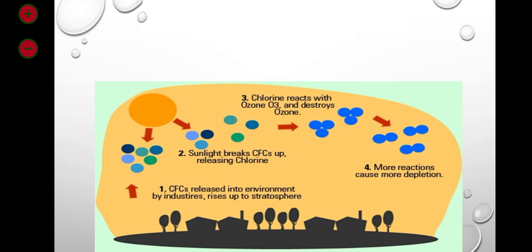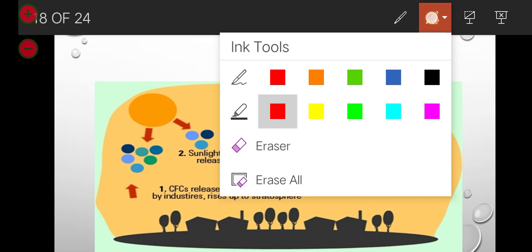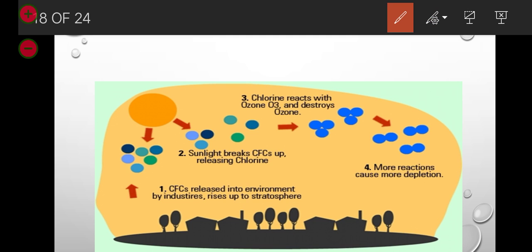See here again in the picture how the ozone molecules are splitting up into oxygen atoms, and one more reaction causes more depletion. CFCs released into the environment by industries rise up to the stratosphere and reach here.